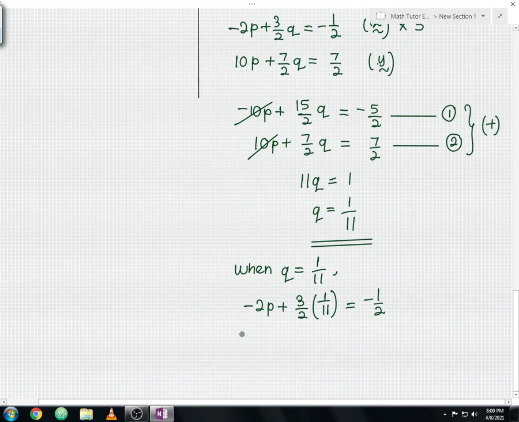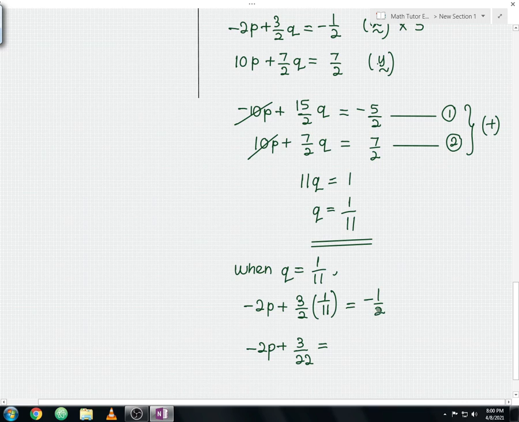Okay, so from here negative 2p plus with 3 over 22, okay, will be equals to, okay, since your denominator here is 22, okay, it is better for you to change this denominator as well, the base of the denominator.